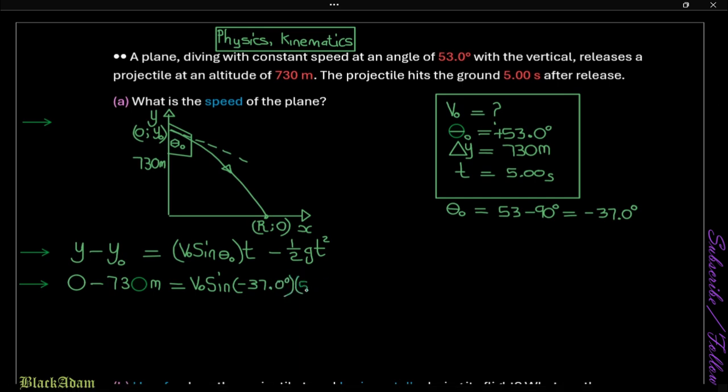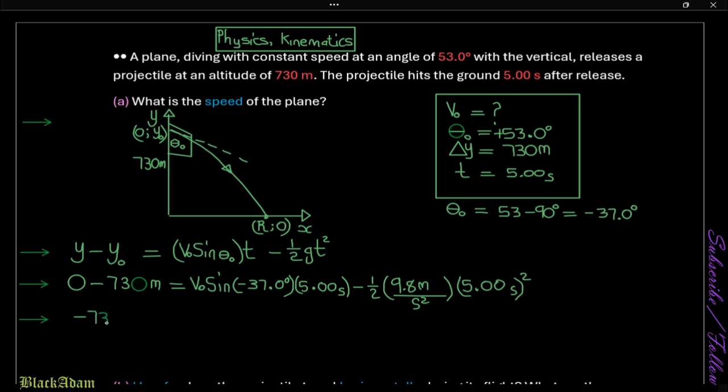And then our time is 5.00 seconds, minus half of 9.8 meters per second squared, times our time of 5.00 seconds, all squared.